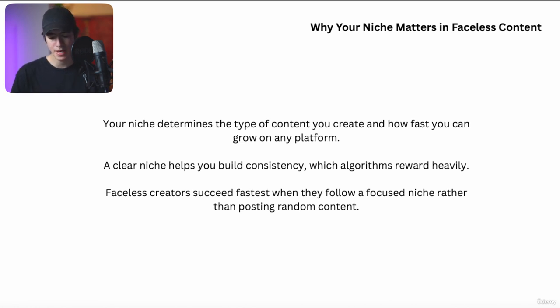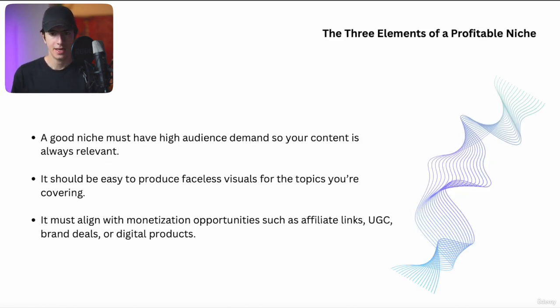And this is the biggest point that I want you to take from this lesson right here: it's much more worth staying consistent in a super narrow and super focused niche now that everyone has the ability to create faceless content, rather than just producing random content on topics that are just interesting to you. And you can definitely produce random content on topics that are interesting to you, but with a specific strategy that we're going to be analyzing later on in this course.